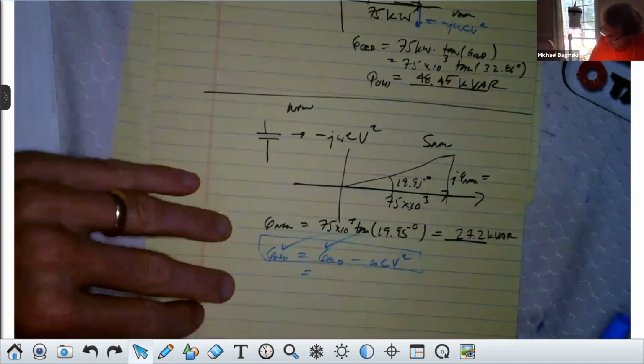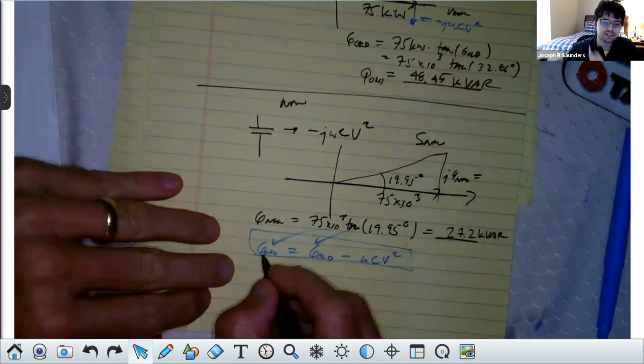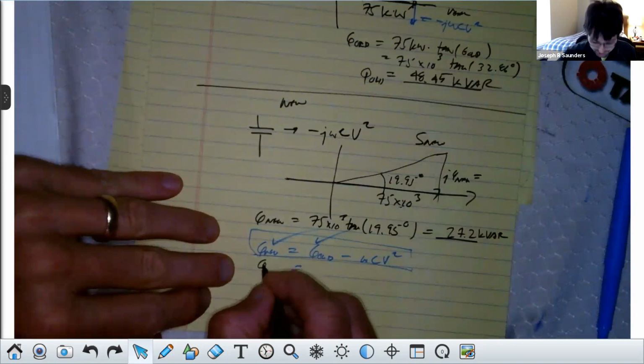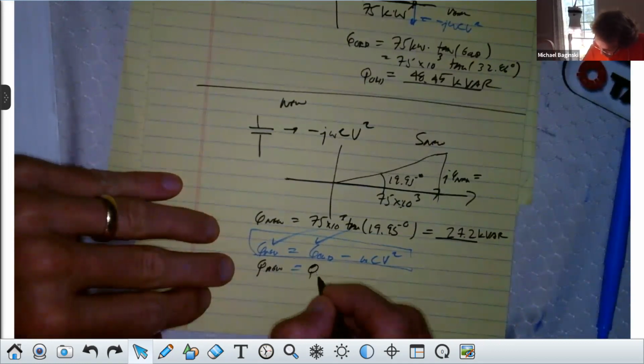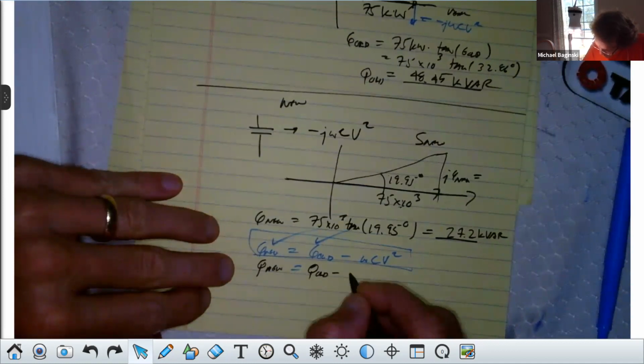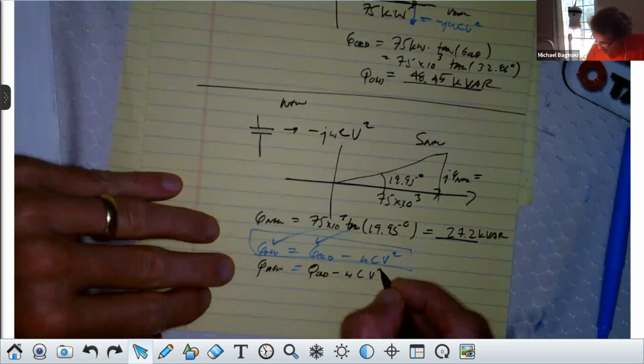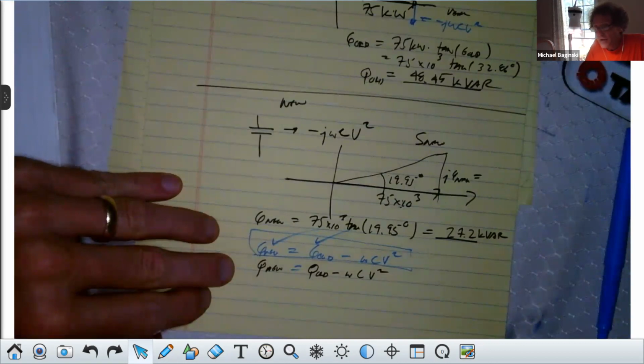Yes, it is a Q. I'm trying to say Q new is equal to Q old minus omega C V squared. Do you follow me? The new value of the reactive power is equal to the old minus the reactive power associated with the capacitor. Agreed, class?